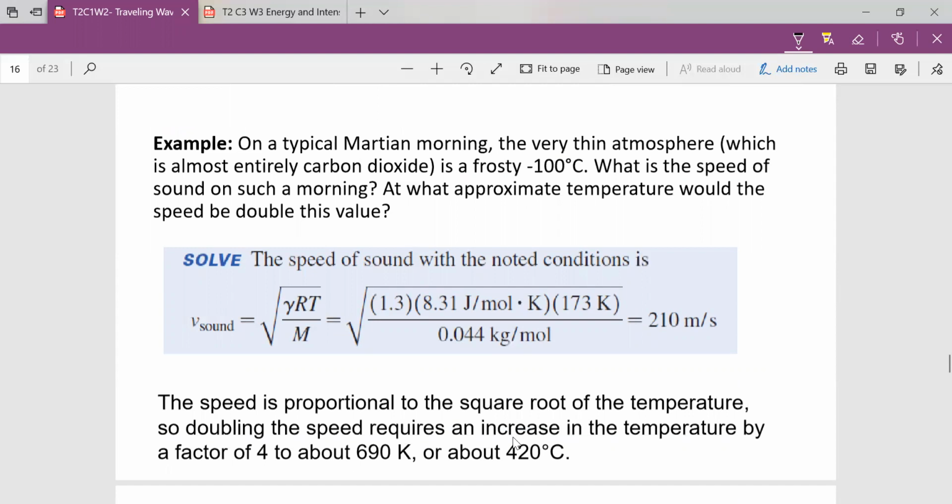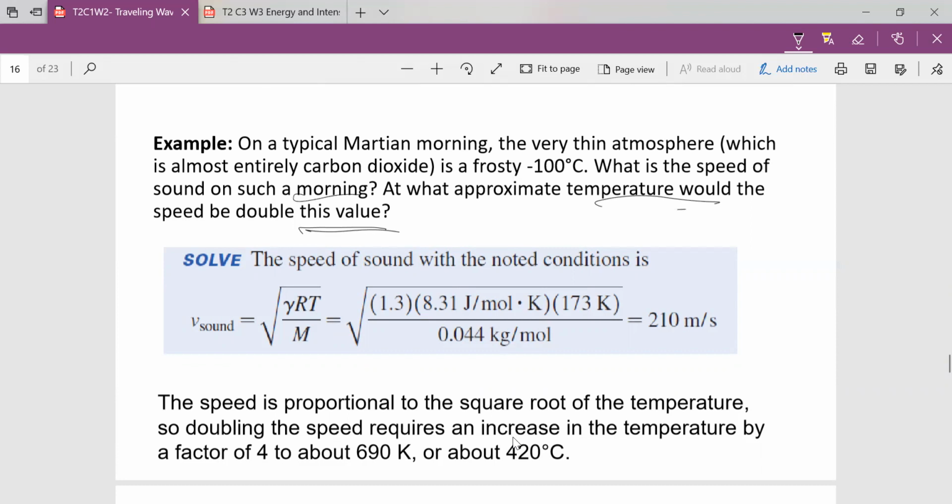What is the speed of sound on such a morning? At what approximate temperature would the speed be doubled its value?